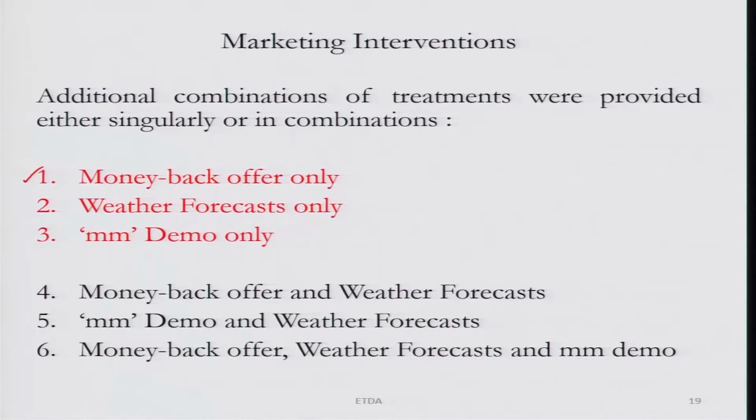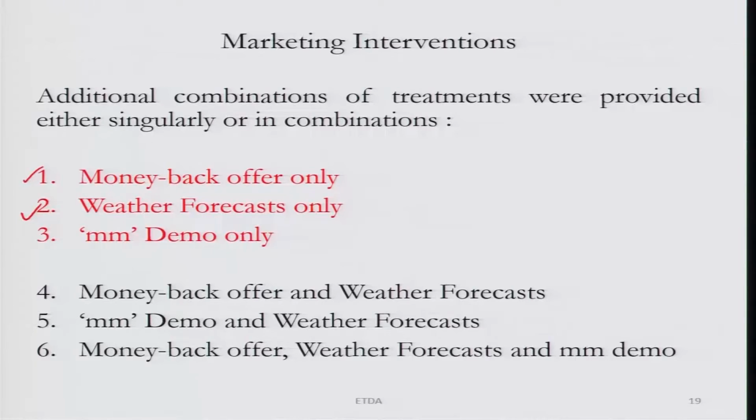The second intervention was weather forecast only, which is basically that the farmers who participated in this experiment and were in the treatment group were given weather forecasts for that particular village. And then the third one is demo.